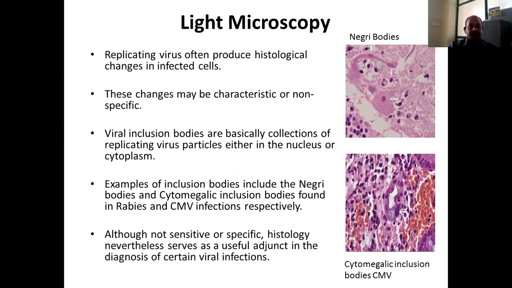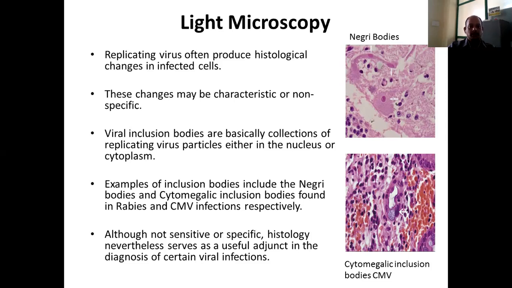Light microscopy. Replicating viruses often produce histological changes in infected cells. These changes may be characteristic or non-specific. Viral inclusion bodies are basically collections of replicating virus particles, either in the nucleus or cytoplasm.